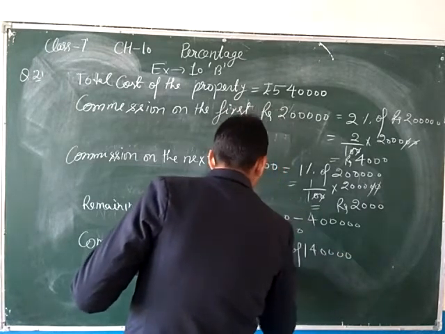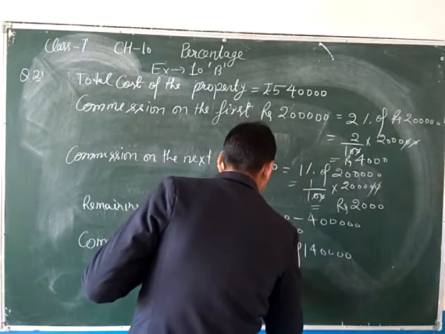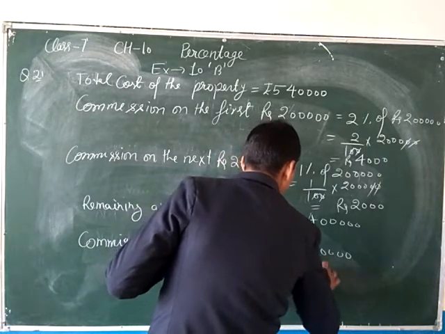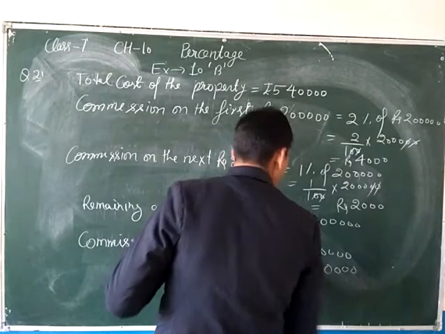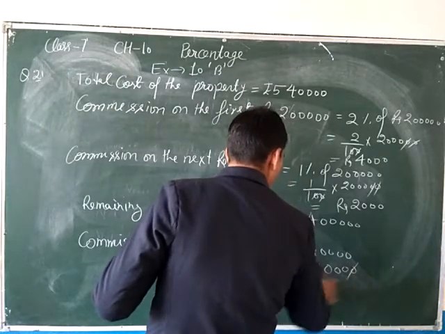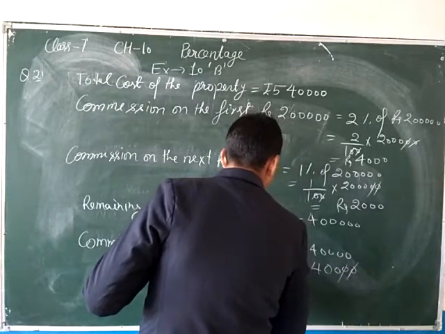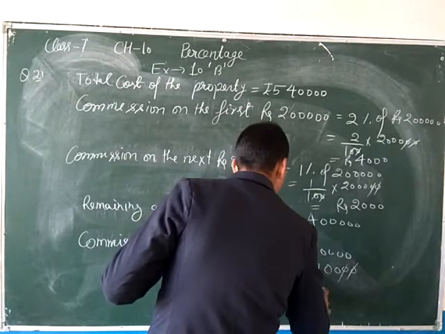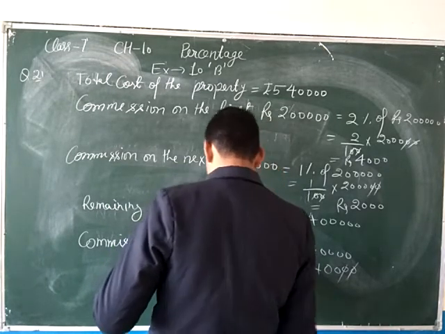So 0.5 upon 100 multiply 1,40,000. So beta, zero cancels zero, and 14 fives are 70. So 700.